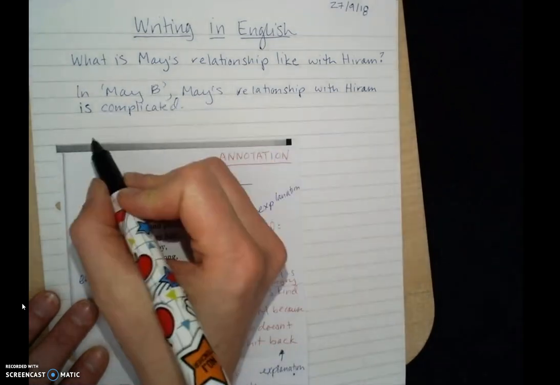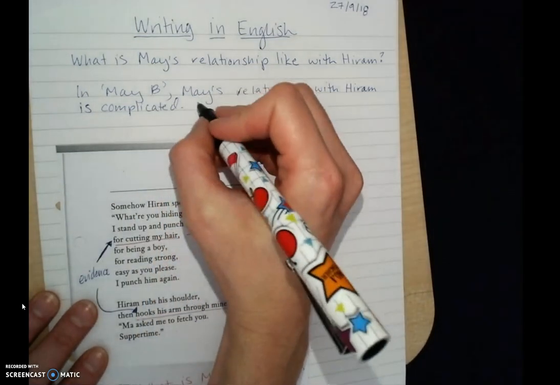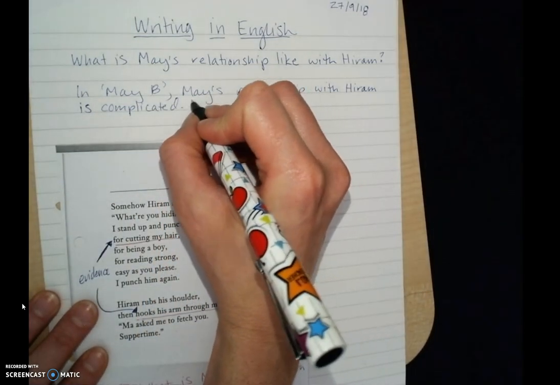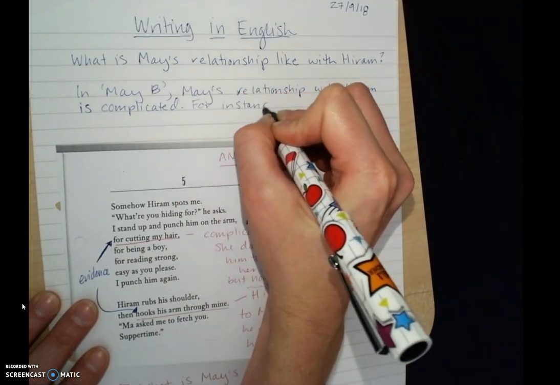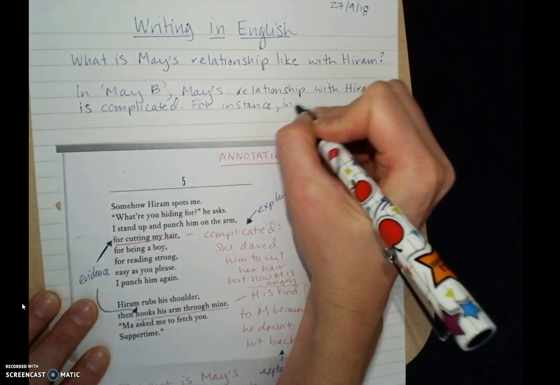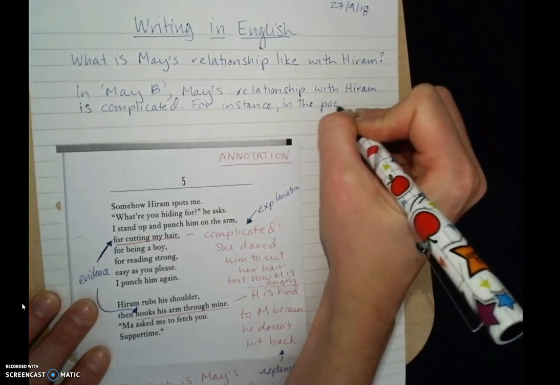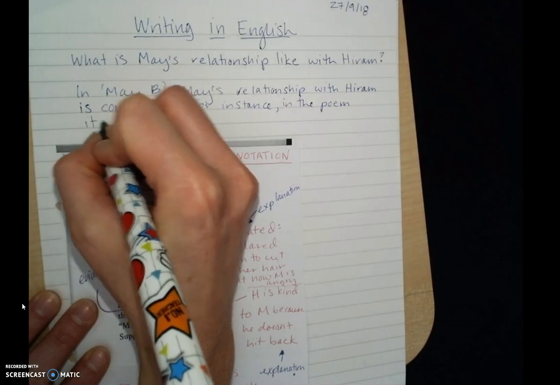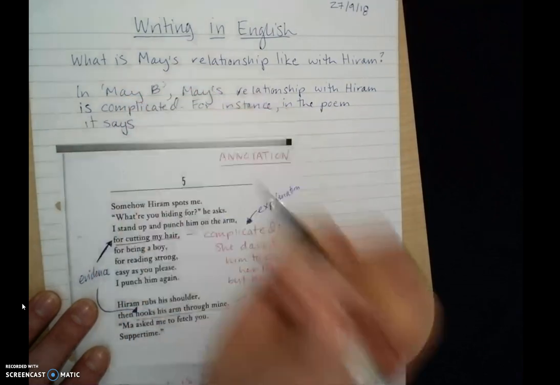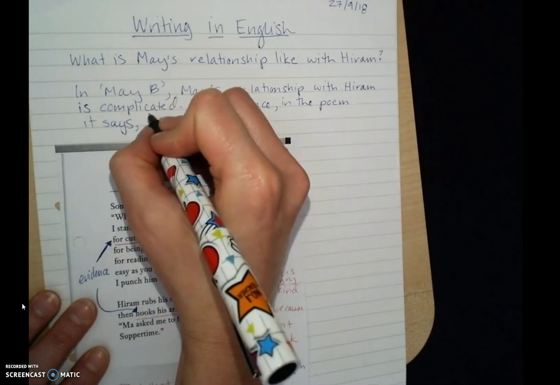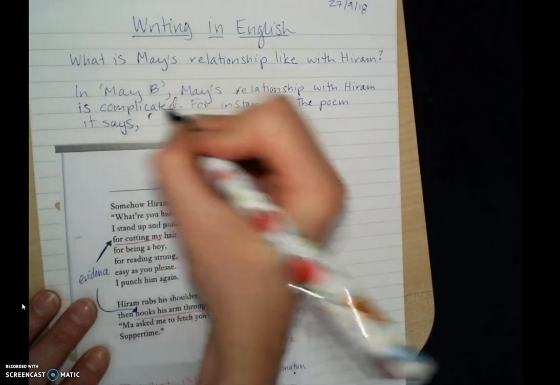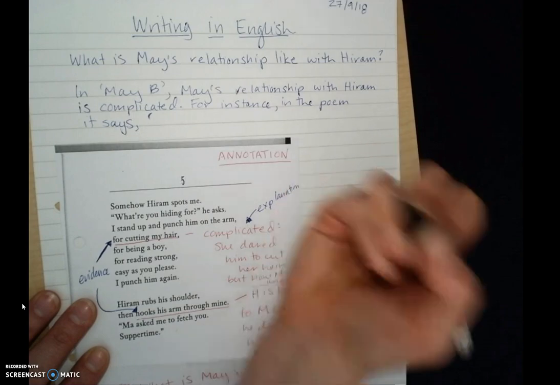So I'm not going to make a new line because this is a paragraph, so I'm going to answer in a complete sentence. I'm going to give some evidence. I'm going to say, for instance, in the poem, it says. Now I'm copying from the text, so I want to show that I'm copying. So I put a comma and then a quote mark, an inverted comma.